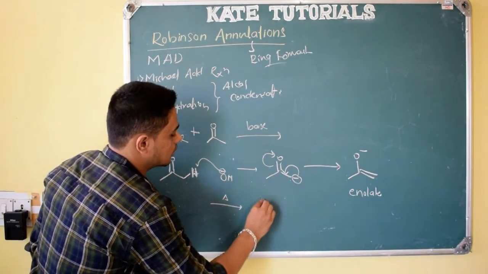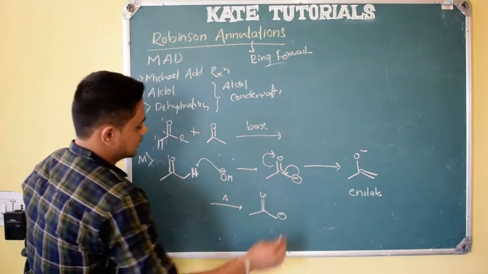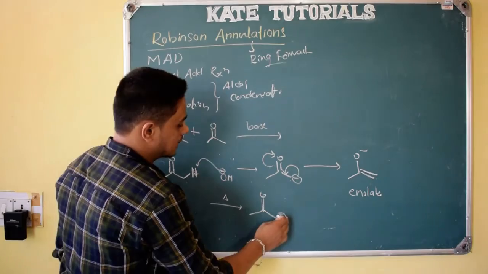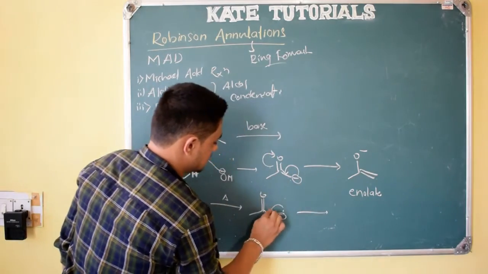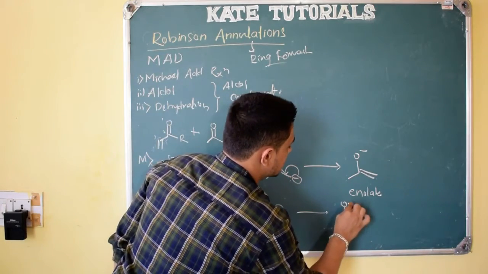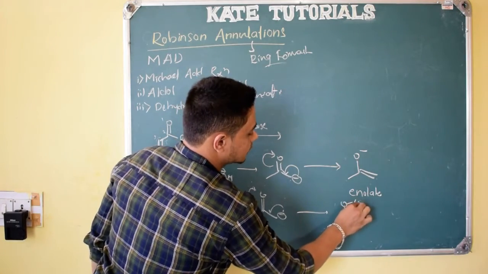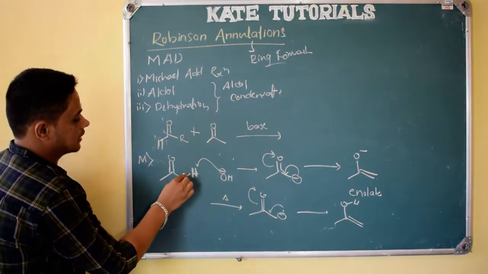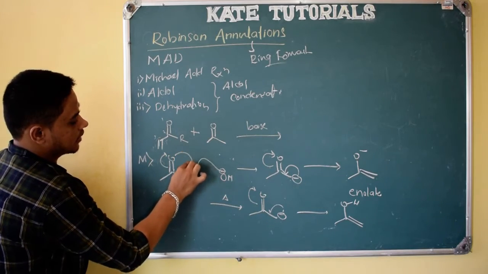Here I have taken the ketone, same thing, double bond O, negative charge comes, and a rearrangement reaction will happen. This negative charge takes this hydrogen.